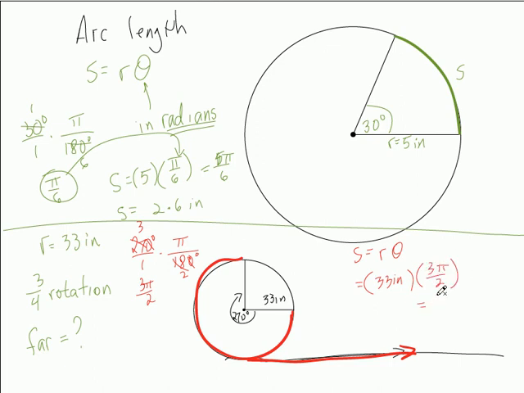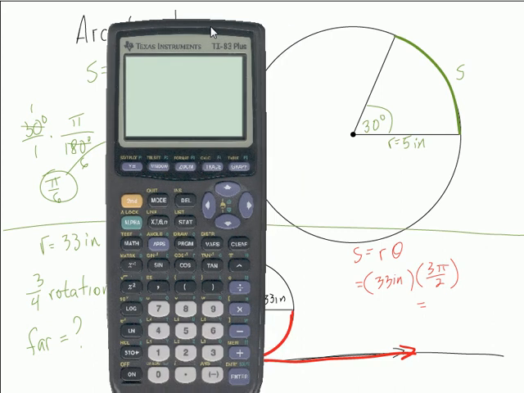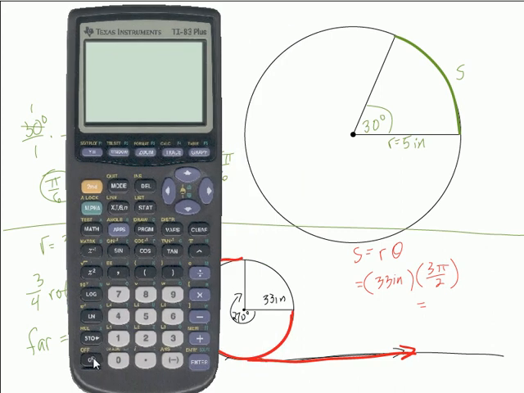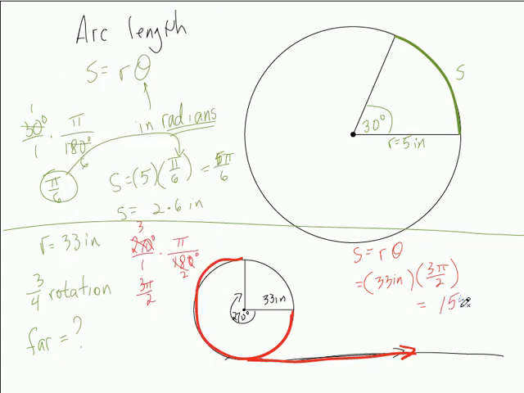Now, it may not come out nice and pretty, like one of those special angles, but that's why I use a calculator. I would just go 99, because 3 times 33 is 99, pi divided by 2. All right, 155.5.